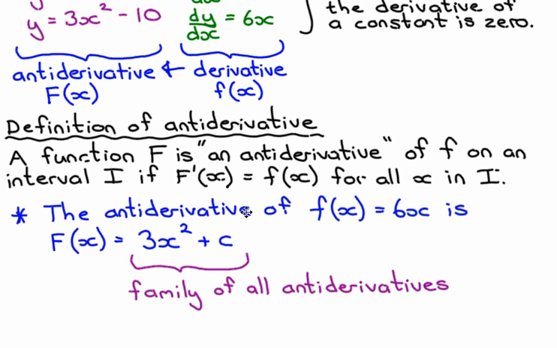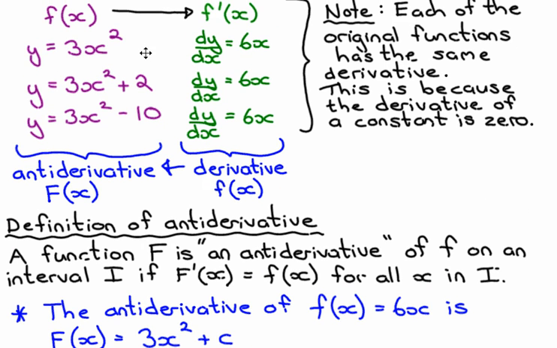Okay, so let's have a look here. The antiderivative, and I actually probably should have put an antiderivative, or I'll show you now why I actually wrote the antiderivative of the function 6x is 3x squared plus a constant. So here we had 3x squared plus 0, here we had 3x squared plus 2, here we had 3x squared plus negative 10.